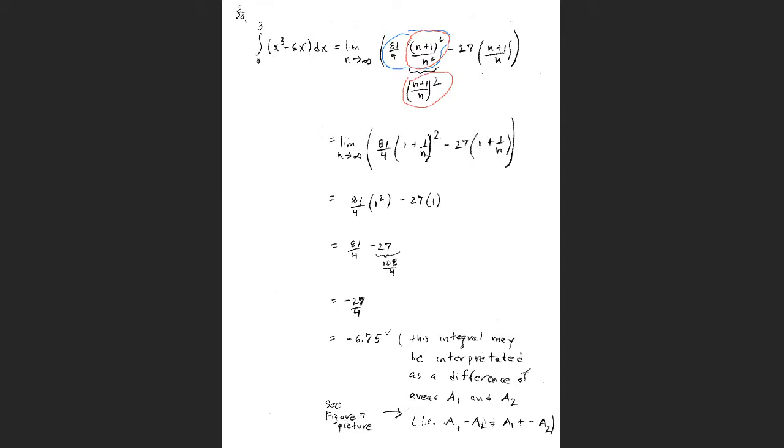So I'm simplifying the sum so that I can take the limit. And n plus 1 over n, quantity squared, is the same as 1 plus 1 over n, quantity squared. And n plus 1 over n over here is the same as 1 over 1 plus 1 over n.